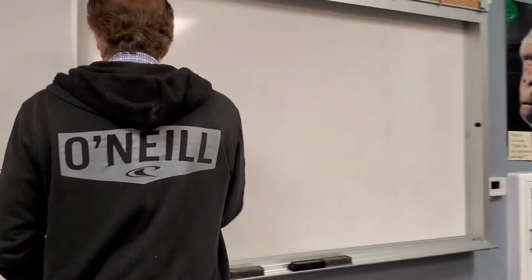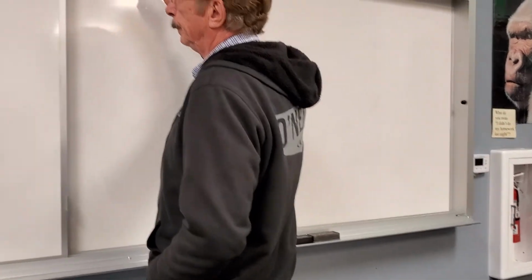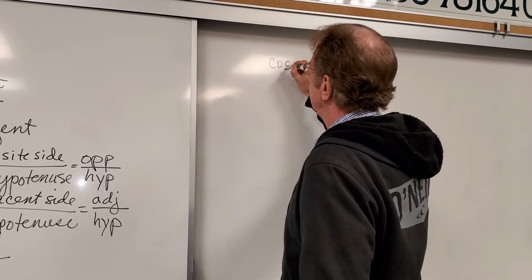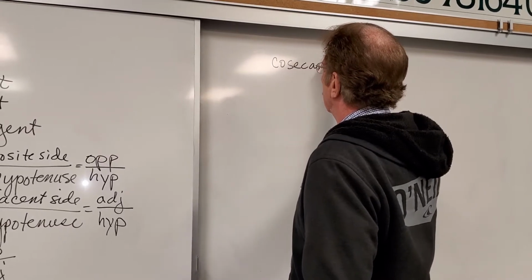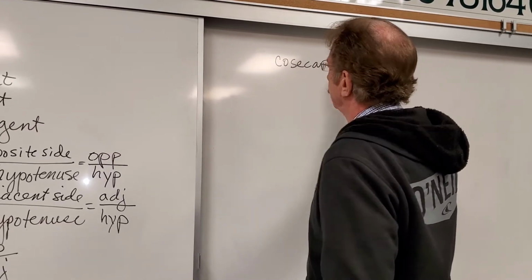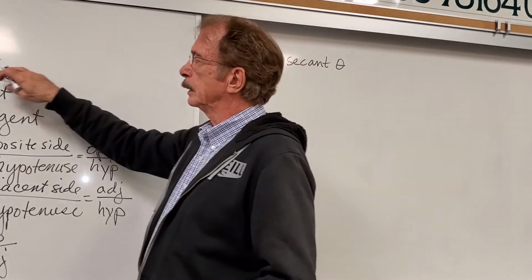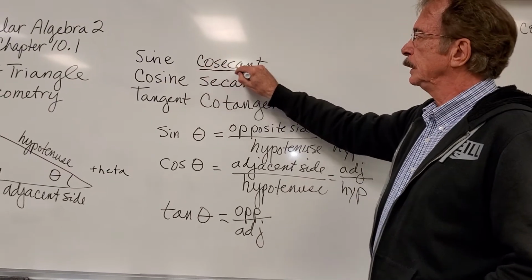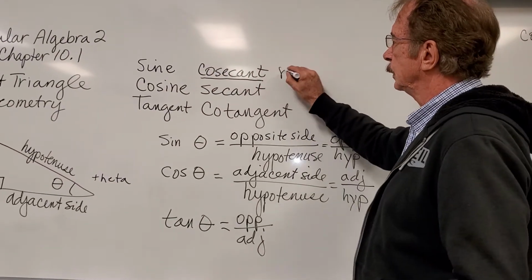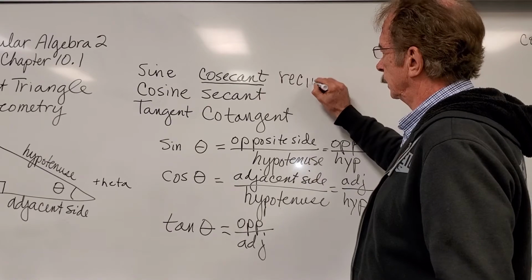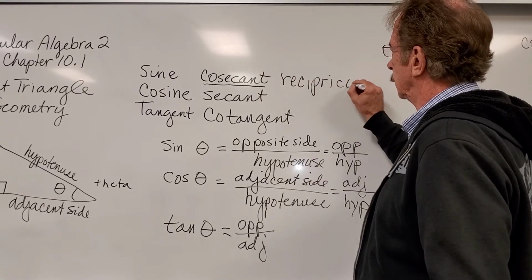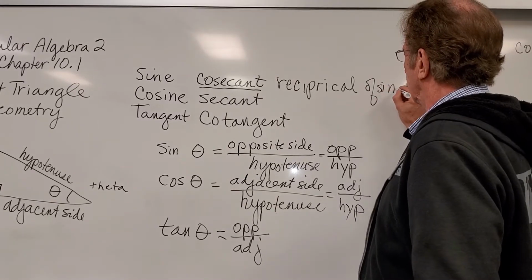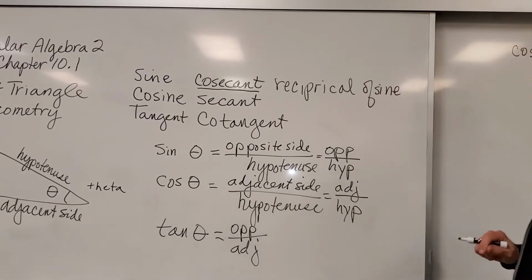We got some more here. So I'm going to come over here and do our cosecant of theta. You notice I wrote it here, opposite sine. This is actually the reciprocal of sine. Can you read that?